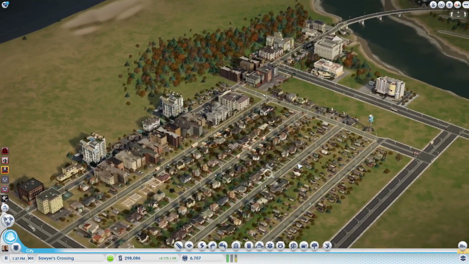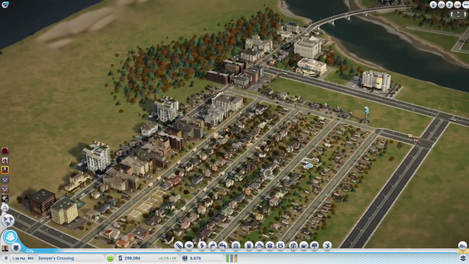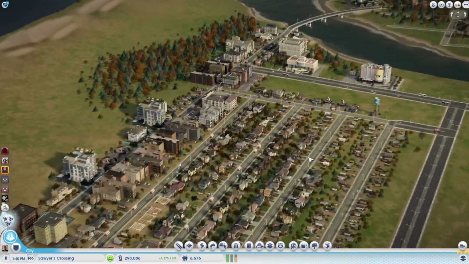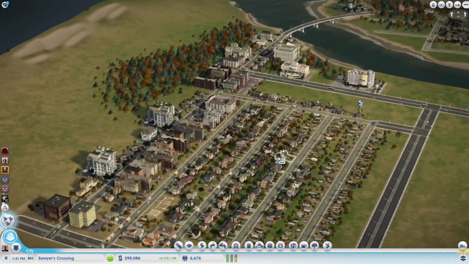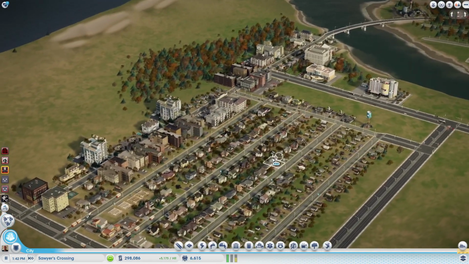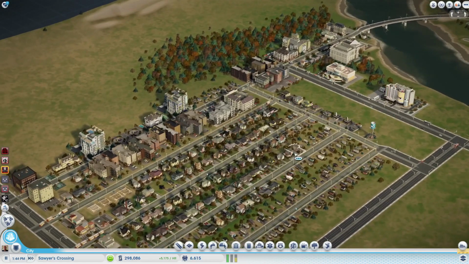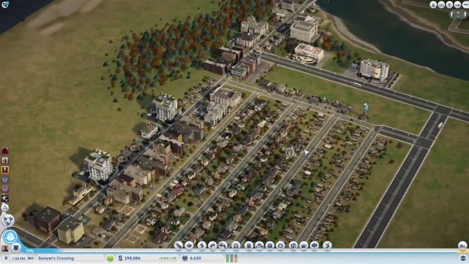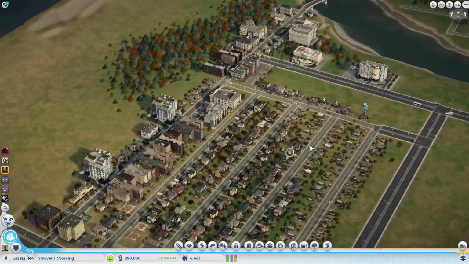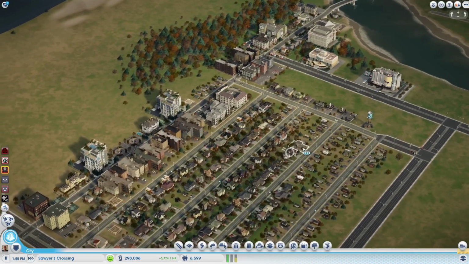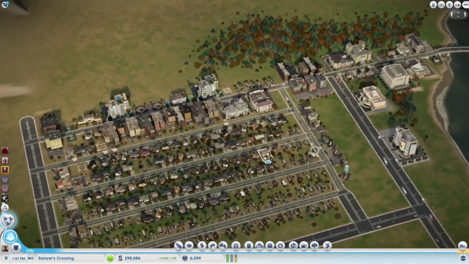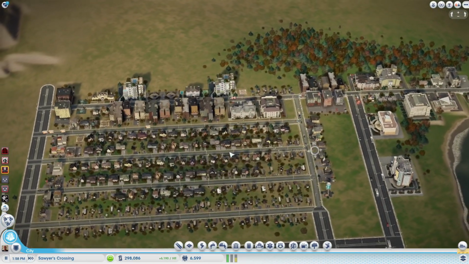Those two factors are really critical to how well your city does. But I wanted just to take a few moments and go over the two concepts of building density and land value in hopes that it helps you as you're working on your city.